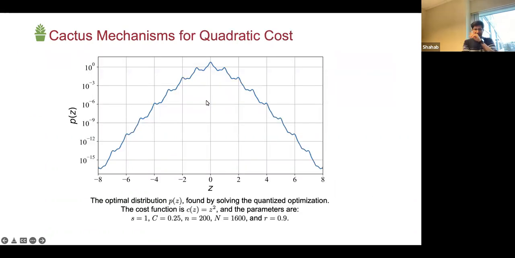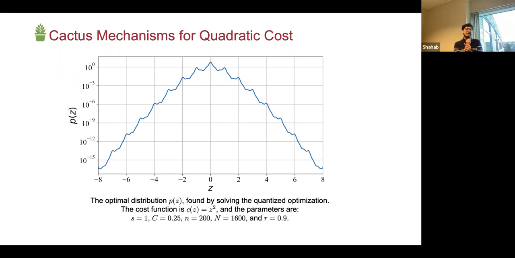Okay, so let's look at this again. This is again the noise distribution. Here the quantization point is something like 1,600. The other 2 parameters, N and R, are also given here. The cost function is quadratic, the sensitivity is 1, and the utility constant is 0.25.